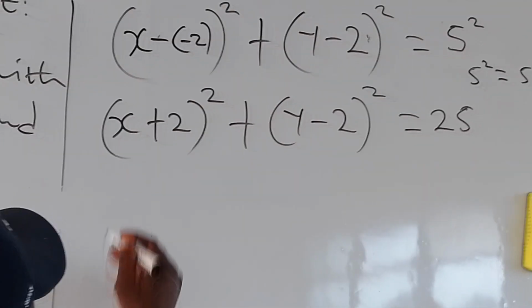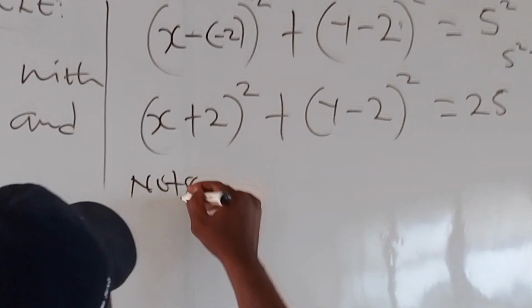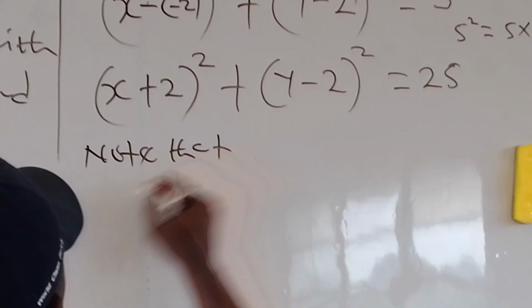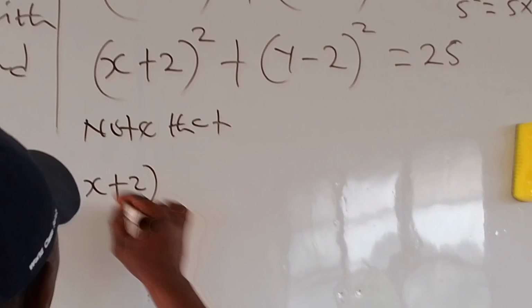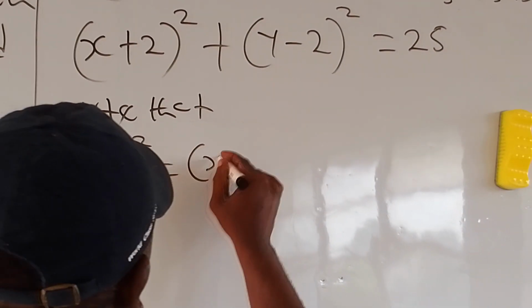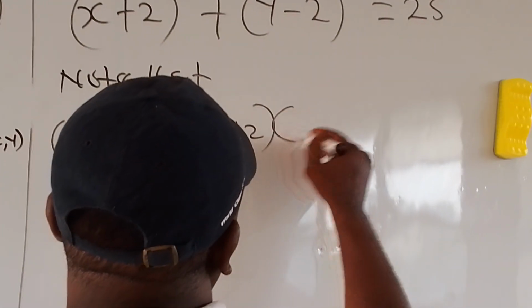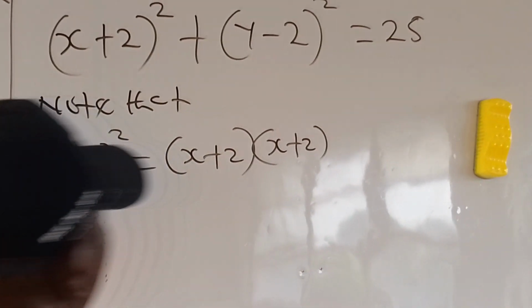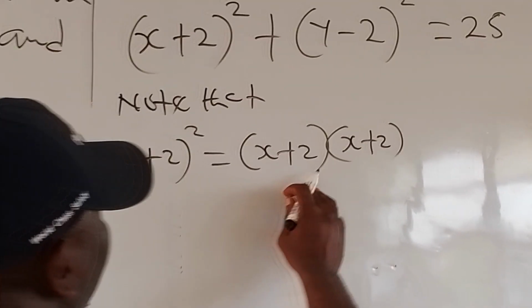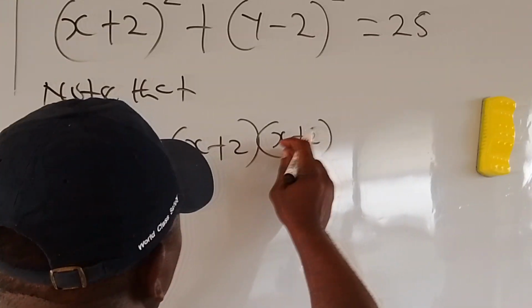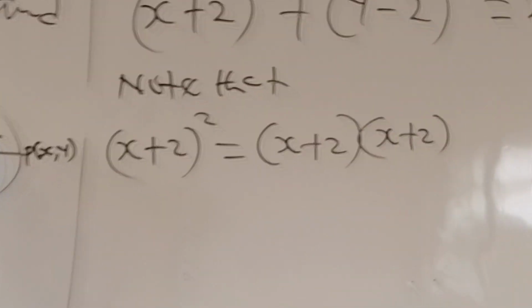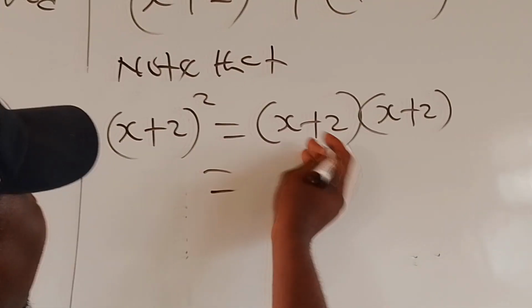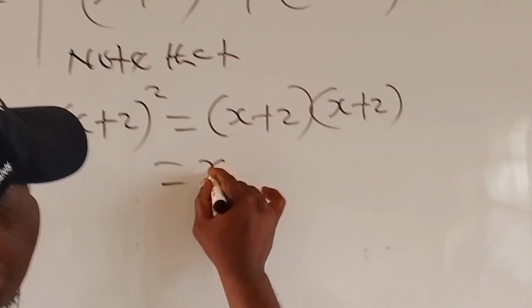Note that (x plus 2) all in square is the same thing as (x plus 2) times (x plus 2). True or false? So what we need to do here is to multiply. x times x will give us x squared.